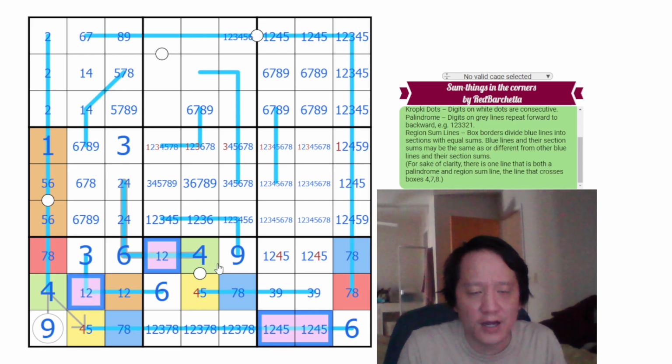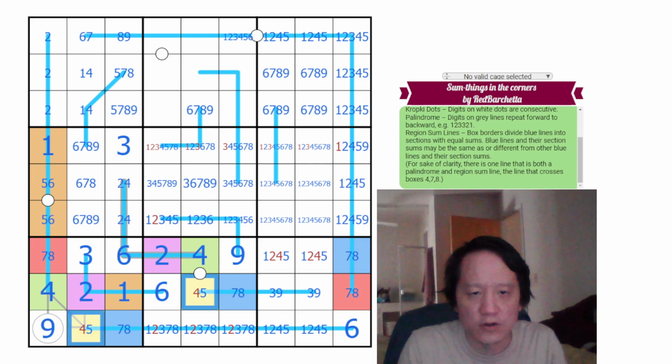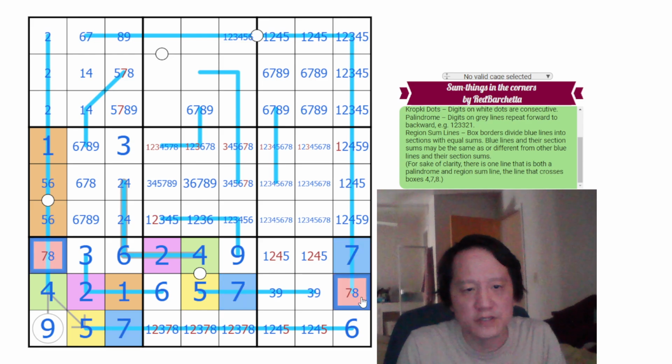The purples have to be 2. Okay, so this is a multicolored one. So the purples have to be 2. The oranges have to be 1. And the yellows have to be 5. So then the blues have to be 7. The reds have to be 8, right?